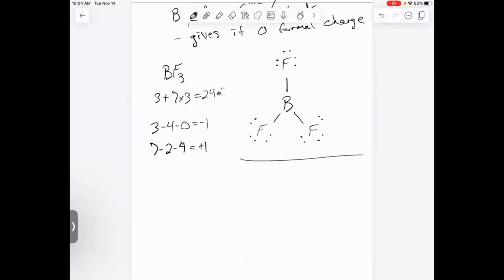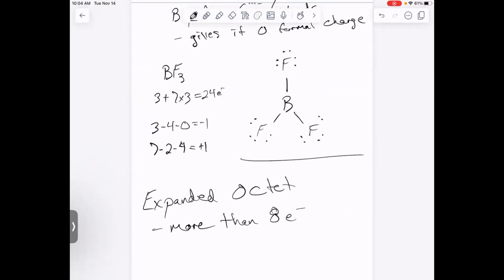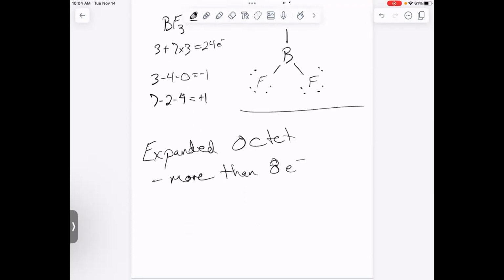Now, the flip side of an incomplete octet for our other exceptions is we can also have an expanded octet. So this means more than 8 electrons. There's one major requirement for an element to be able to expand its octet. In order to have an expanded octet, we need to have access to d orbitals.